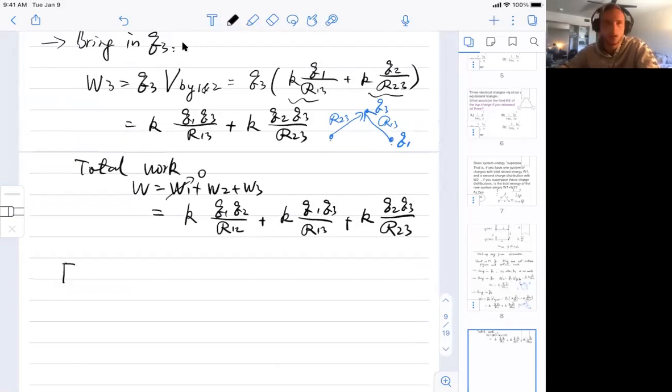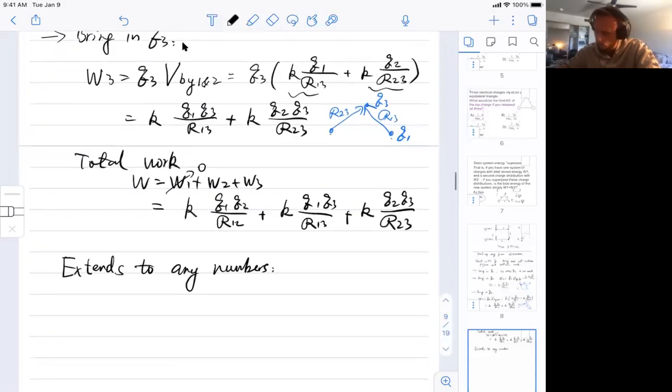So now let's extend it to any number, random numbers. You probably have noticed, right? We probably need some kind of I and J. So 1 2, 1 3, 2 3 is kind of Q_I Q_J over R_IJ.